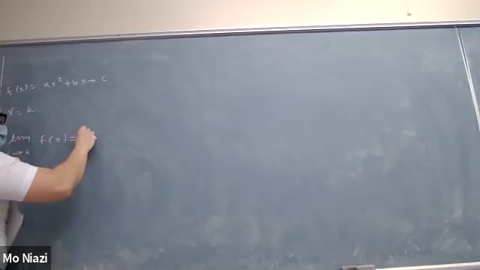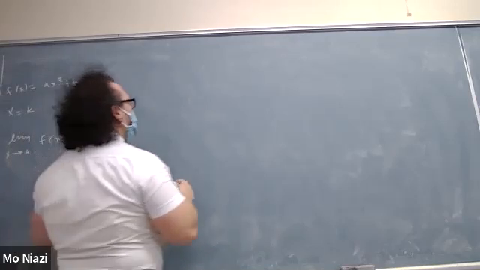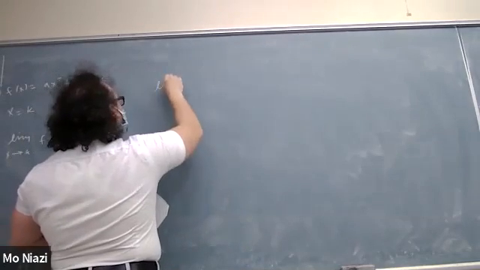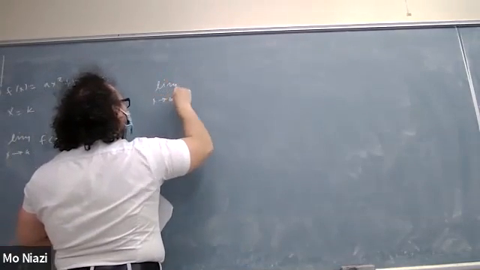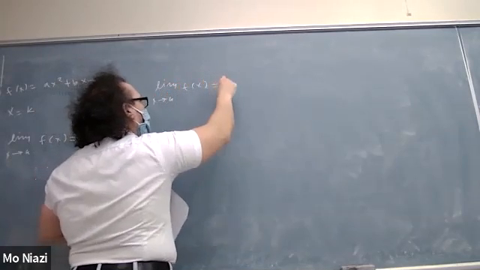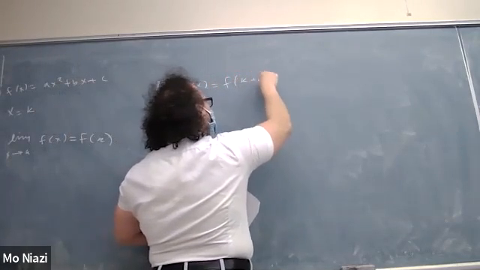Prove that all quadratic functions are continuous, i.e. prove that all functions f of x of the form ax squared plus bx plus c are continuous at some arbitrary x equals k. If it's continuous, that means the limit as x approaches k of f of x should equal f of k. So if we prove this, we're done. So let's actually take a limit of f of x. Well, by definition, that's f of k plus alpha.